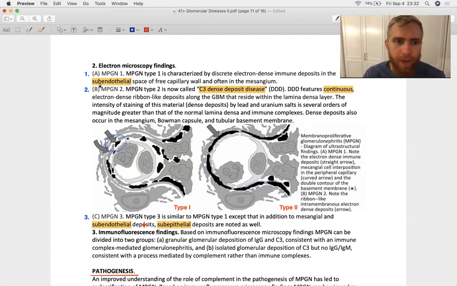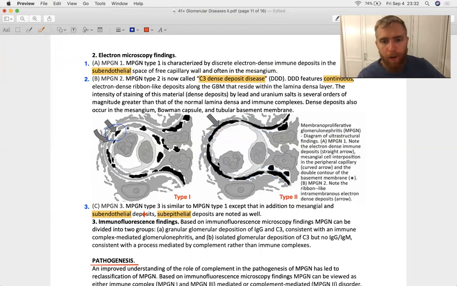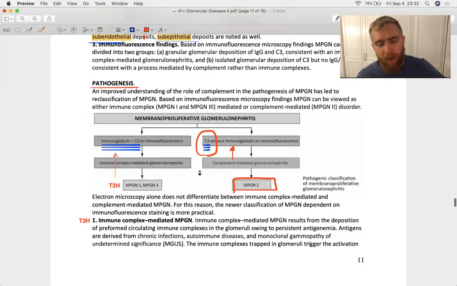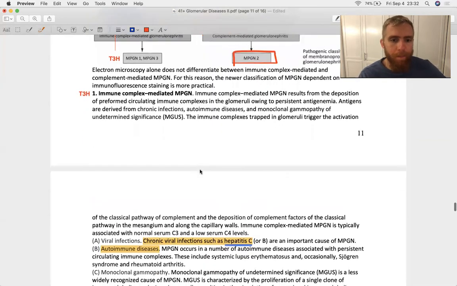So type 1, again, you get those subendothelial deposits. Type 2 is also called C3 dense deposit disease, and you get continuous staining on electron microscopy. And then type 3, the only real thing you want to know about that is that you see subendothelial and subepithelial deposits. But other than that, type 3 is basically type 1.